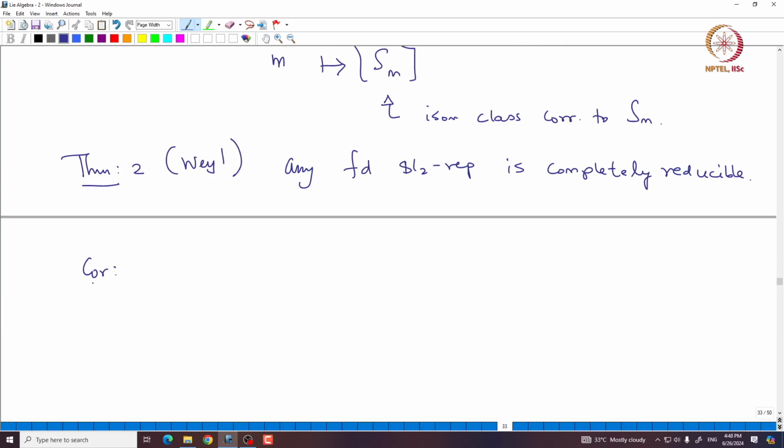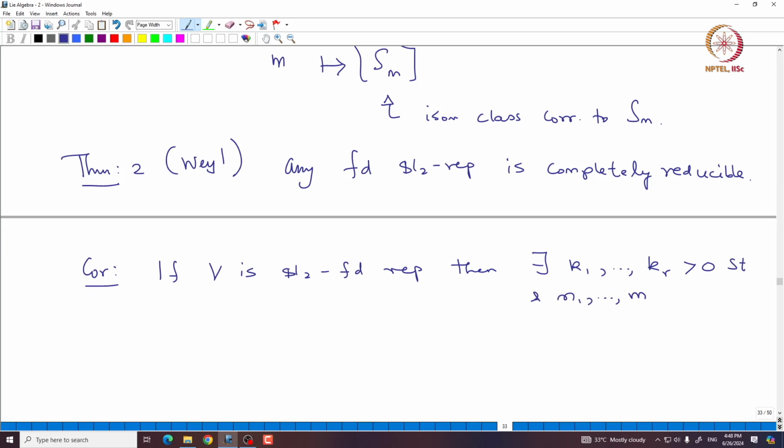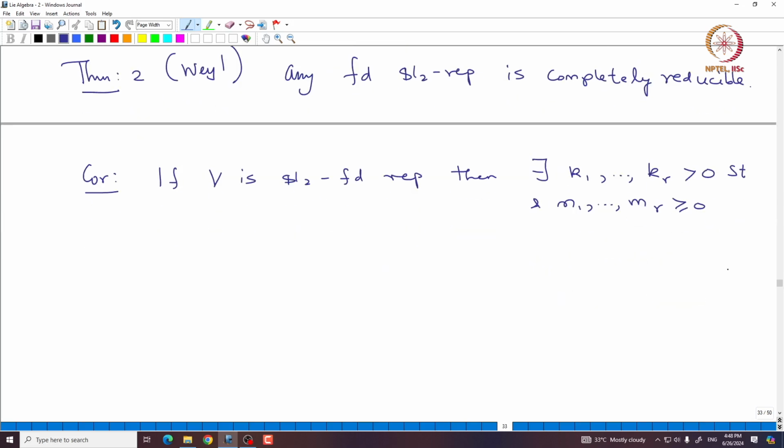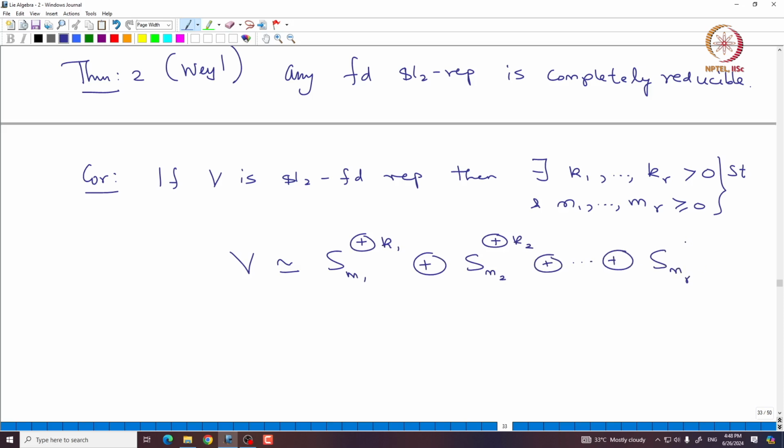Okay. As a corollary, if V is a finite dimensional sl2 representation, then there exist positive integers k1 etc. kr, and non-negative integers m1 etc. mr, such that V is indeed isomorphic to Sm1 direct sum k1, direct sum Sm2 direct sum k2, etc., direct sum Smr kr.